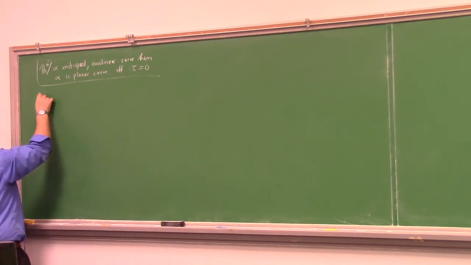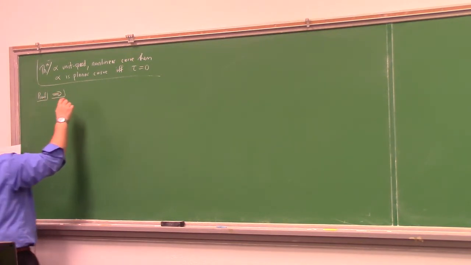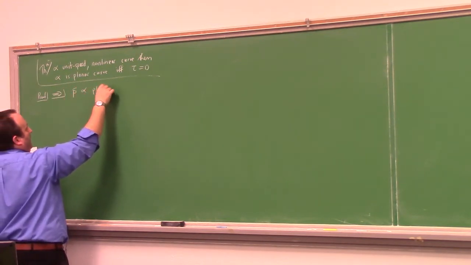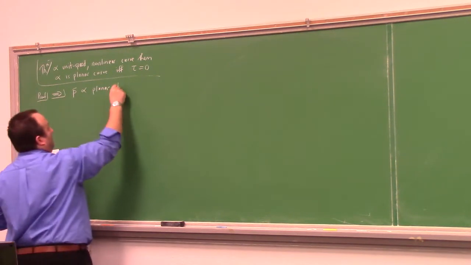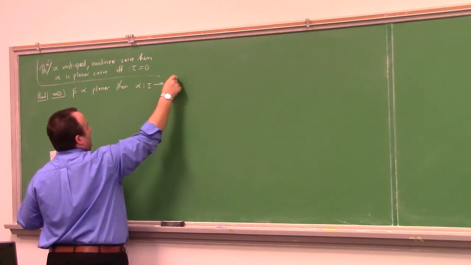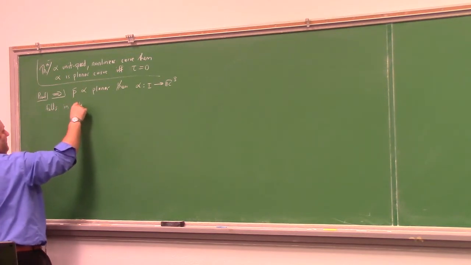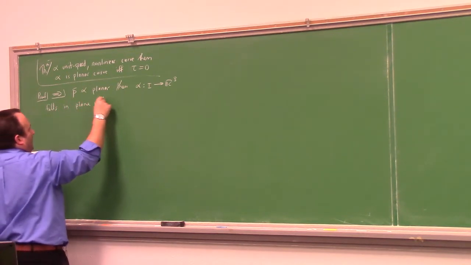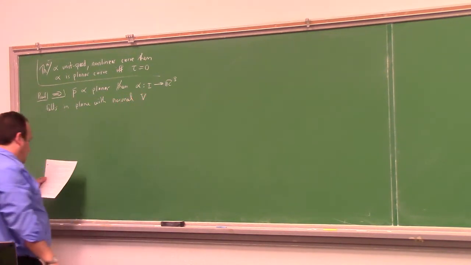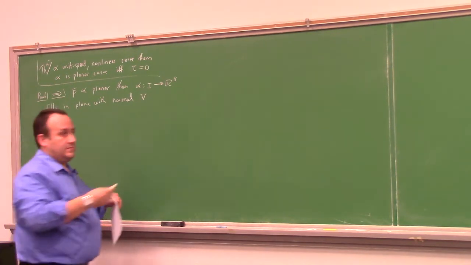So here's the proof. In the forward direction, suppose it's planar. Then alpha from I to R3 falls in a plane with normal V. So, I mean, here's a picture.